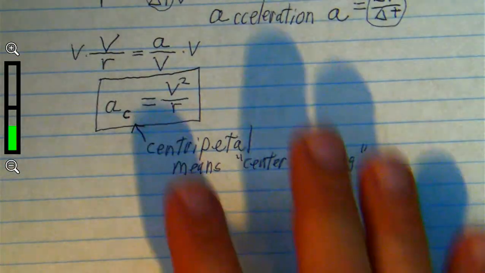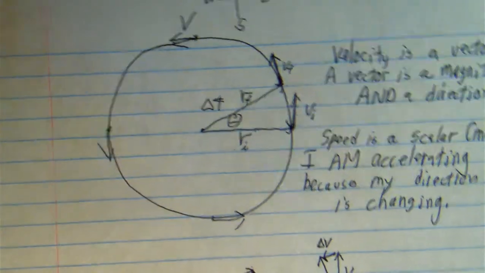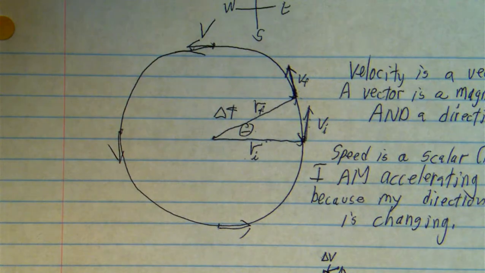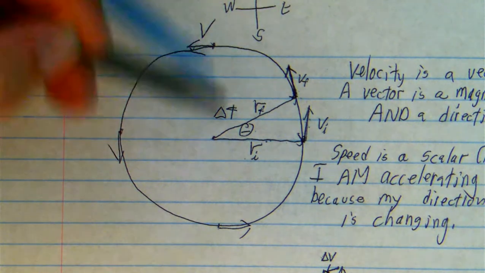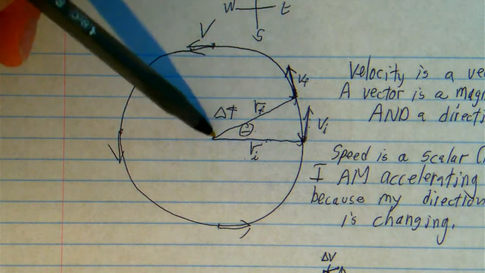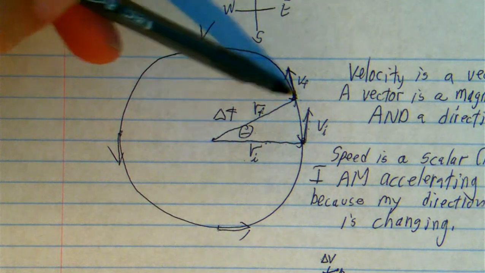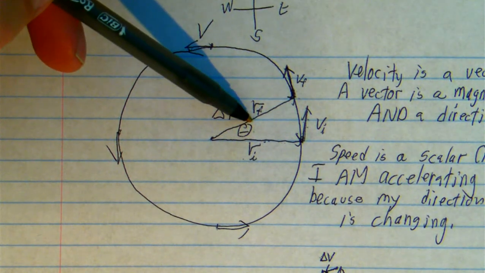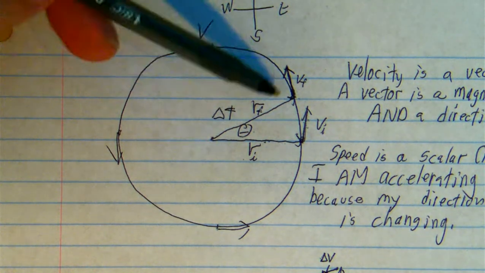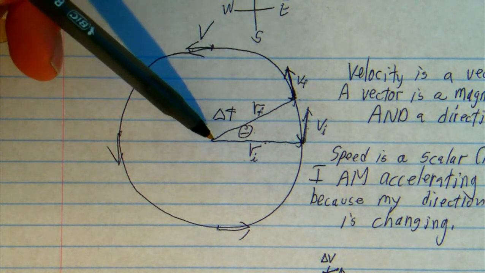Okay, imagine if I had a washer on a string and I start to twirl it around. The string is the radius. And I'm always pulling it towards the center of the circle.